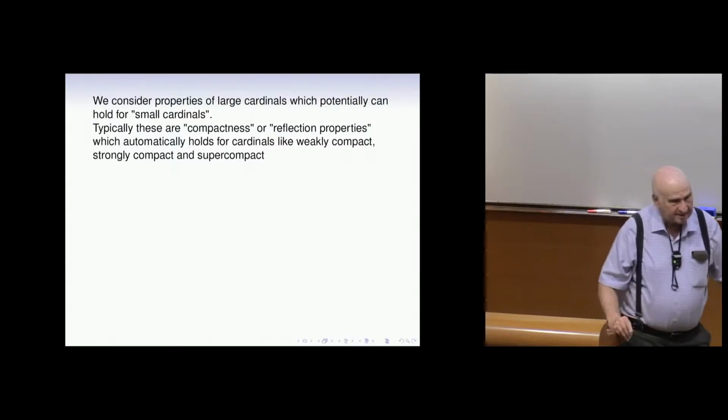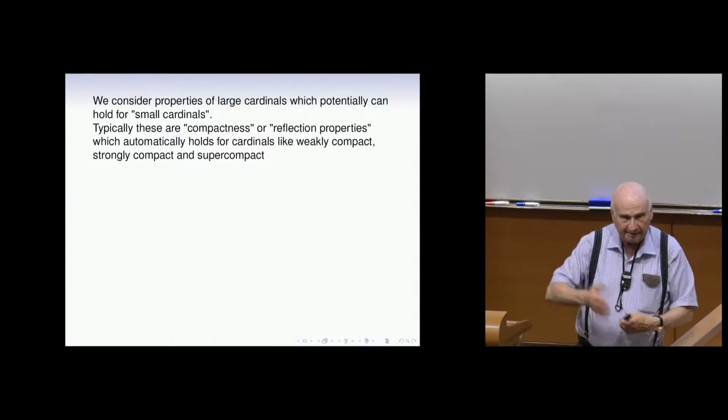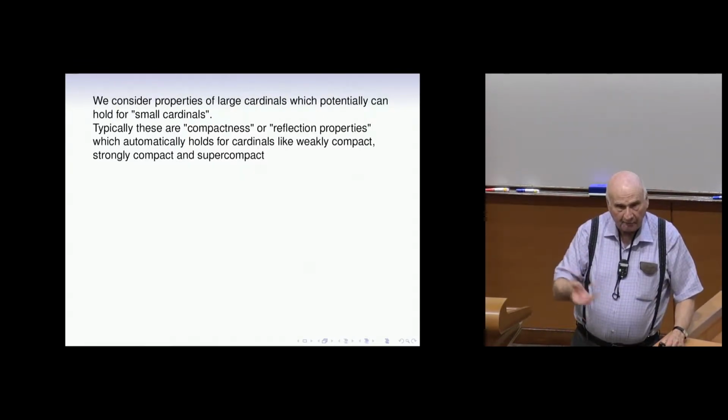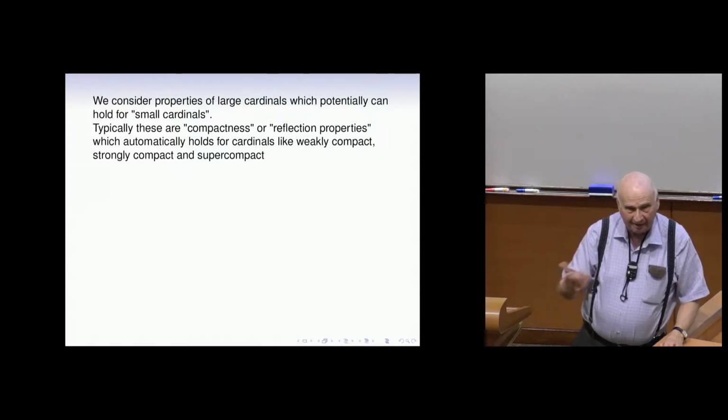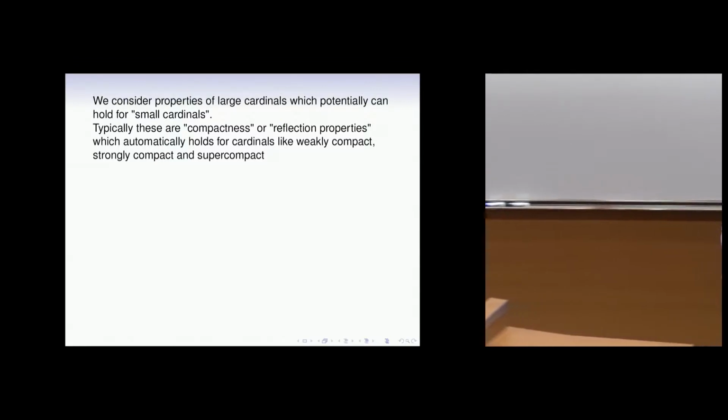Reflection property is exactly the dual. It says that suppose that the big structure has the property, then there is a small substructure with the property. Now, of course, they are essentially the same property. One is dual to the other. A compactness property exactly corresponds to a reflection property for the negation of the property. So they come in pairs.